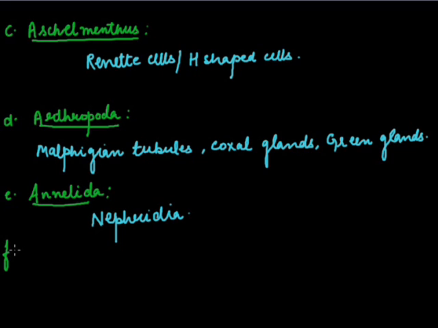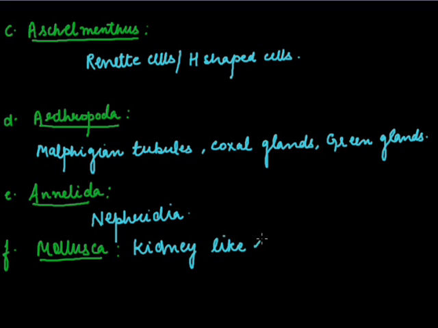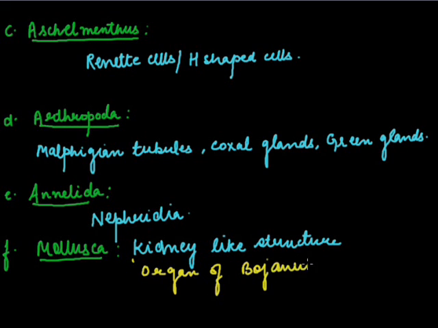From Annelida, let's move to mollusca, the phylum of Pila. There is a kidney-like structure, referred to as the organ of Bojanus. From mollusca, let's move to Echinodermata, the phylum of the starfish.